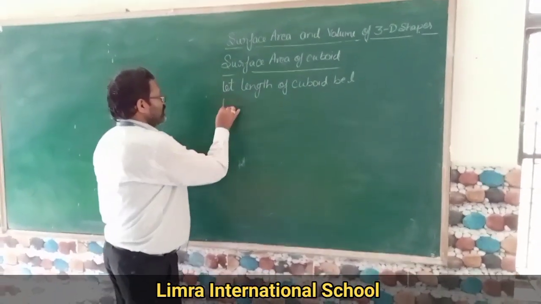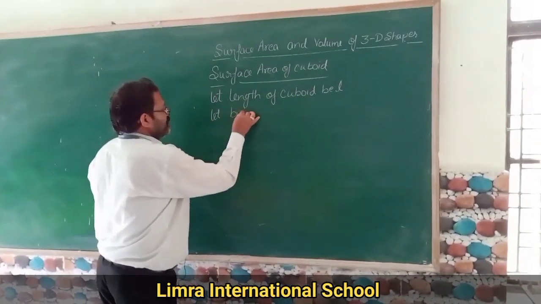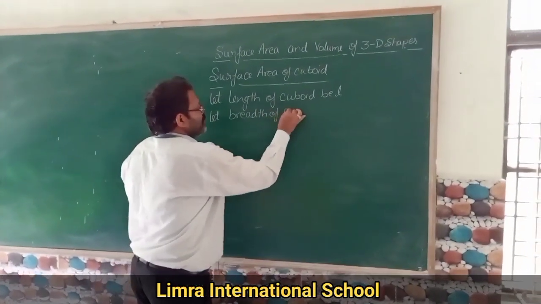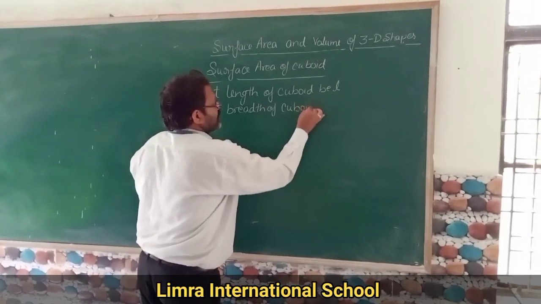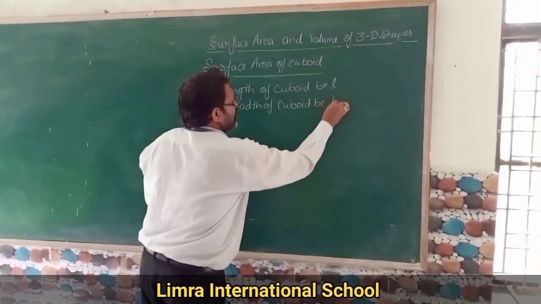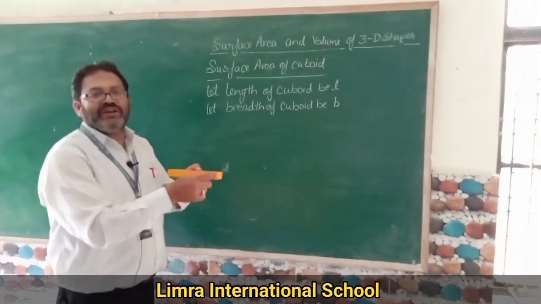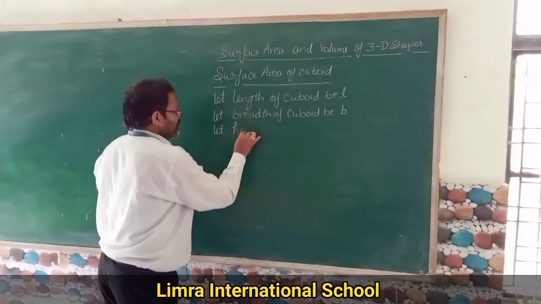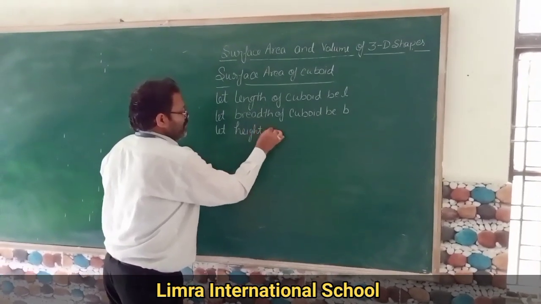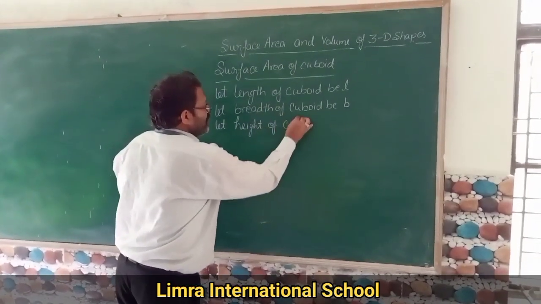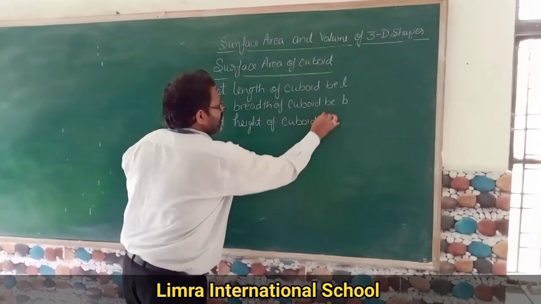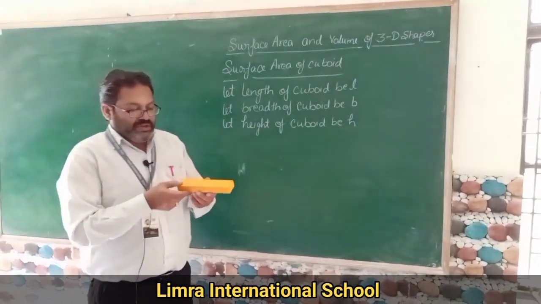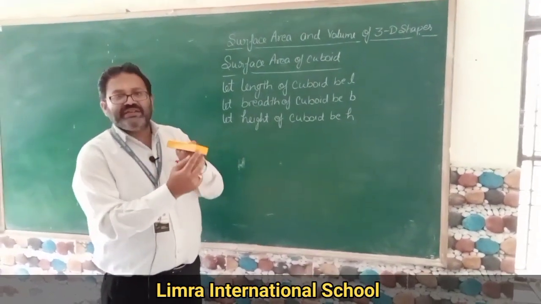So let the breadth of the cuboid be B, and this is the height of the cuboid. So let the height of the cuboid be H.